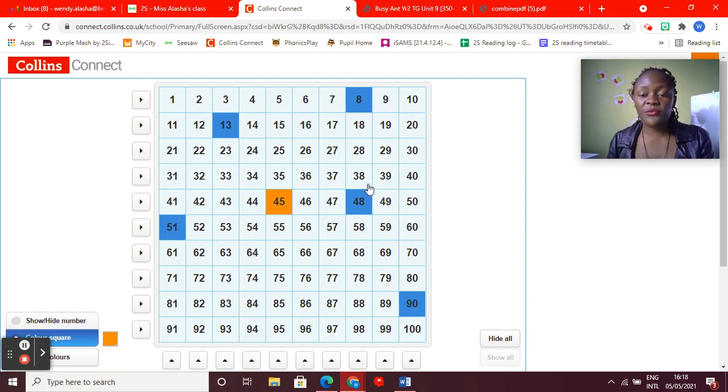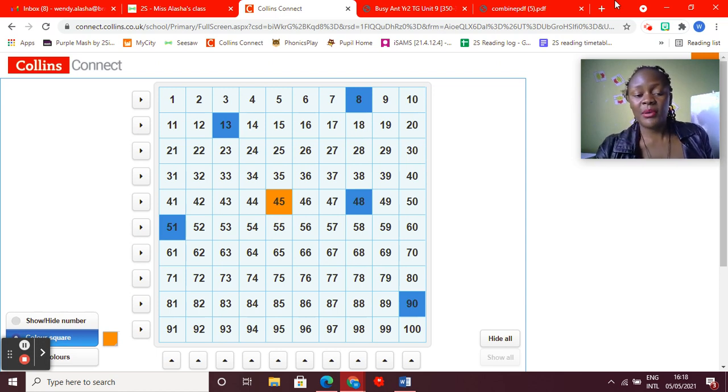What about from 45? Now this one's tricky. If we started from 45 and I wanted a number that is 10 times less than 45. Think about it, guys. Which number am I now thinking about?